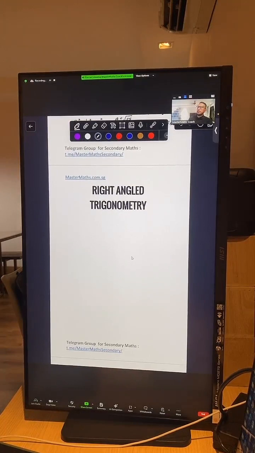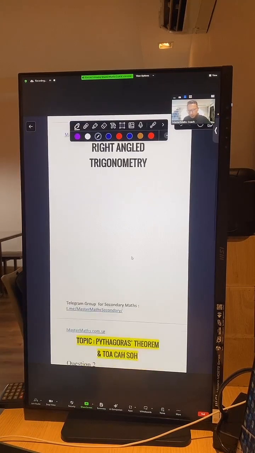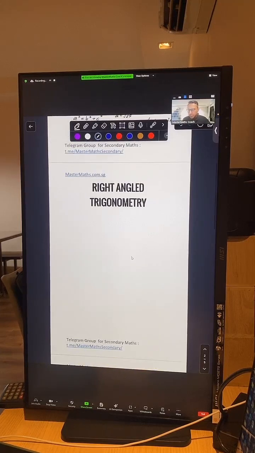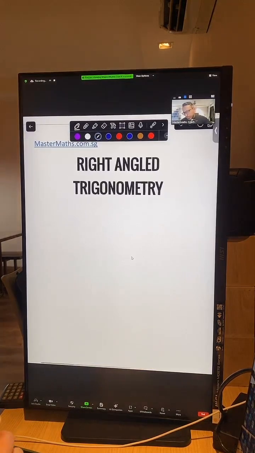There's a blank page here, so we're going to use this page to talk a bit about trigonometric ratio. Say now I have a right angle triangle, and this is my right angle over here.